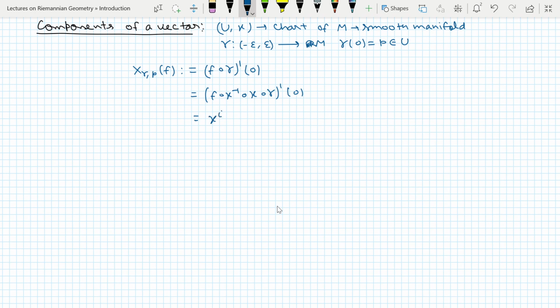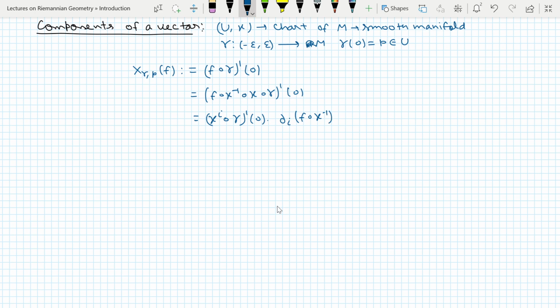Now again you apply your multivariable chain rule, and what do you do? Let's say I have taken the ith component here, xi composed with gamma. You take the derivative of that, evaluate it, and then this outer function. This is the inner function x of gamma, and the outer function is f of x inverse.